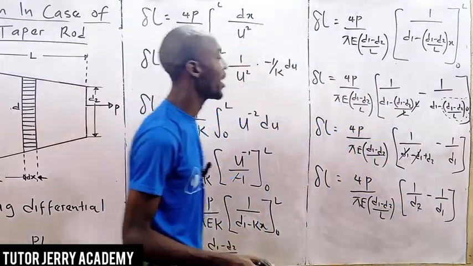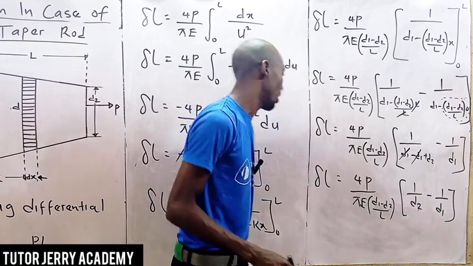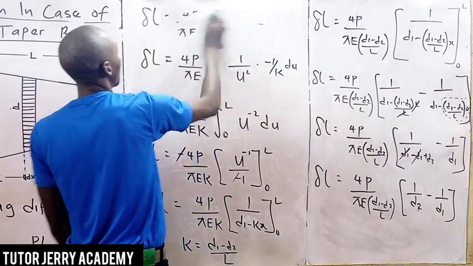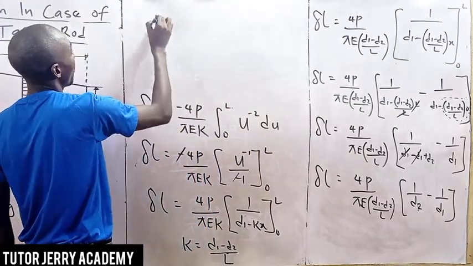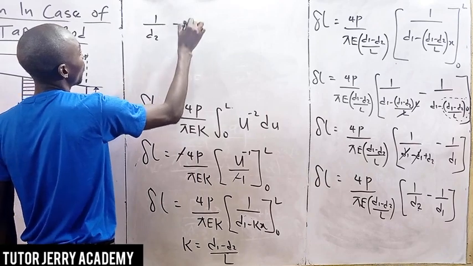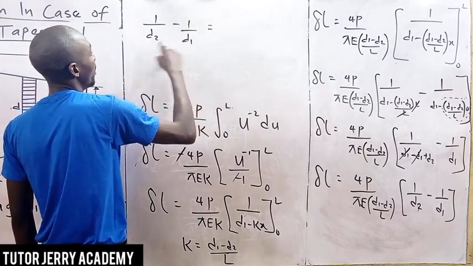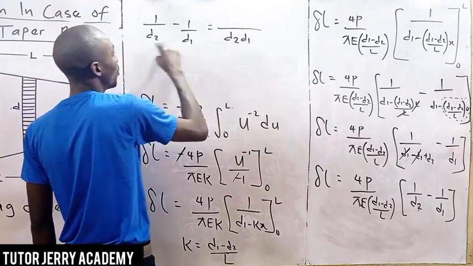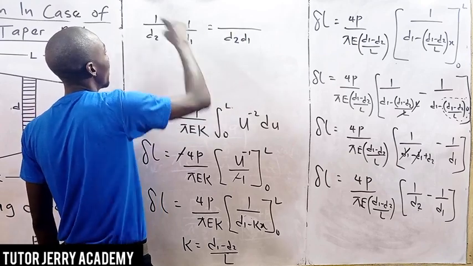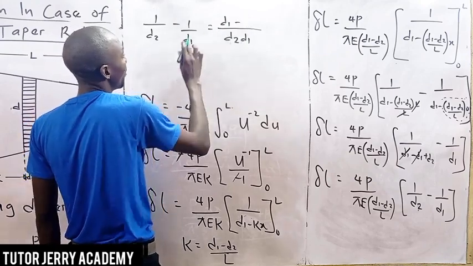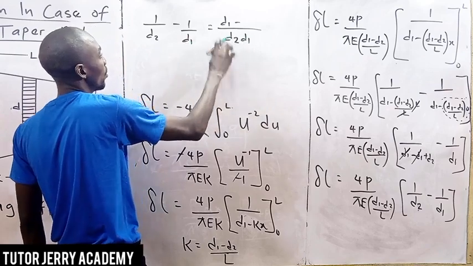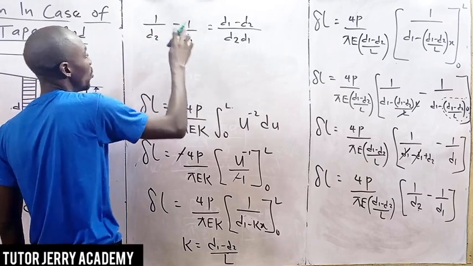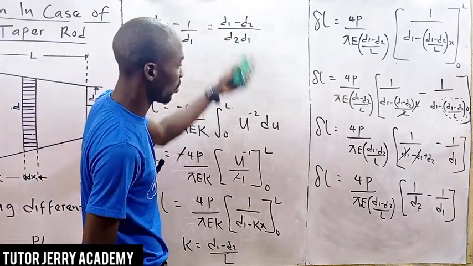So from here, if we find the LCM of this, let's do this somewhere here. 1 all over D2 minus 1 all over D1. The LCM is D2 D1. So D2 into D1, we cancel out D2, D1 times 1, that is D1. Minus D1, we cancel out D1, leaving D2 times 1, that is D2. So we can replace 1 all over D2 minus 1 all over D1 with what we have here.